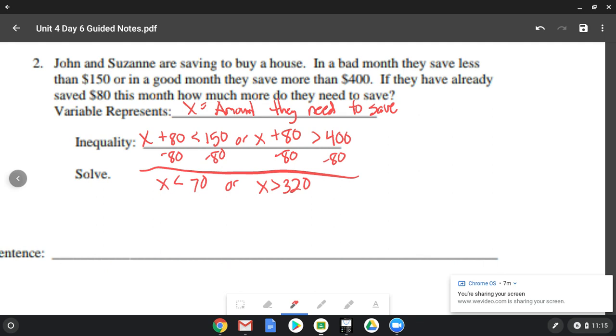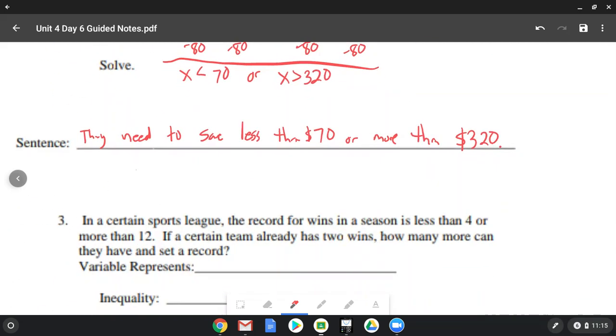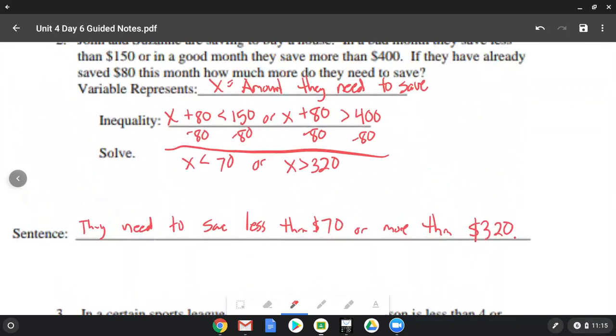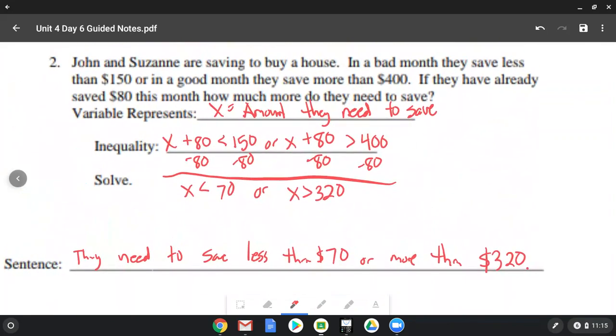So then my sentence would be, they need to save less than 70 or more than 320. Oh, I'll let you pause that right there if you need it. And if you don't, let's keep rolling. Keep moving along here.